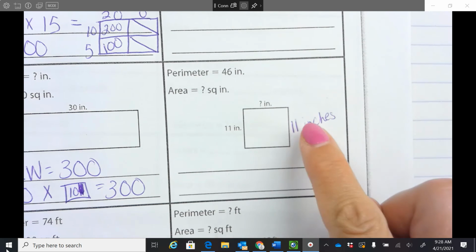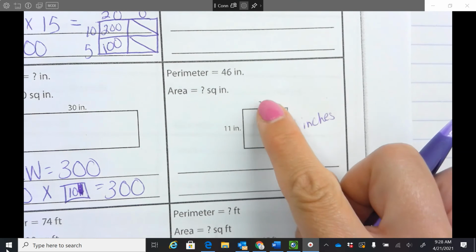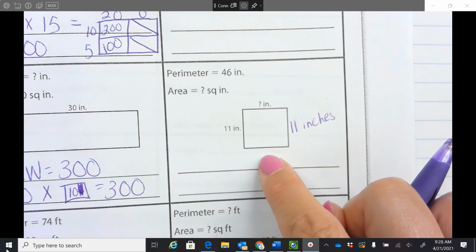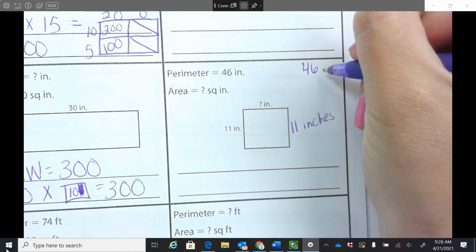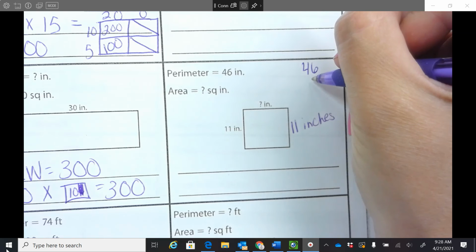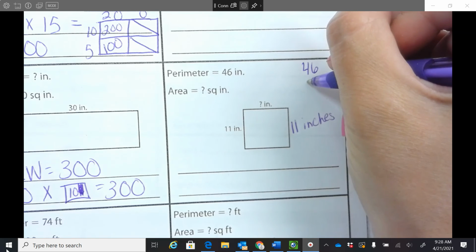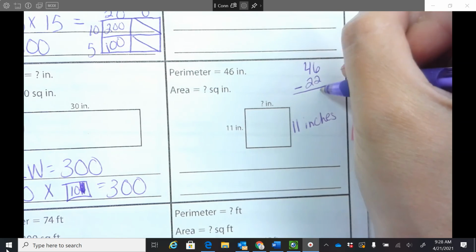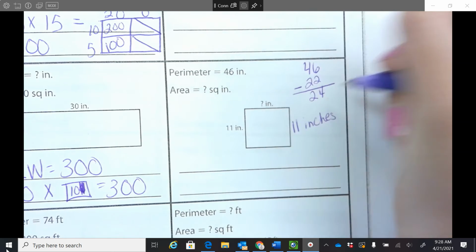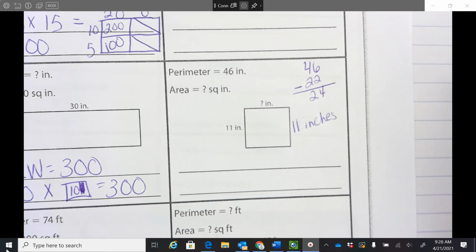So we have 11 and 11. We have two sides that are equal. So what we're going to do is we're going to do 46 minus 22. We got 24. 24 divided by 2.